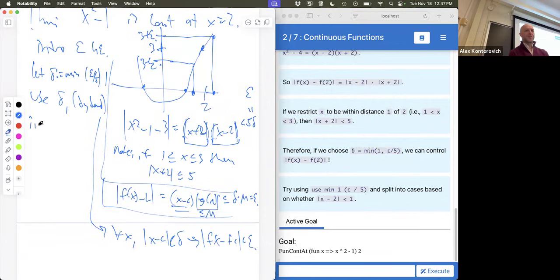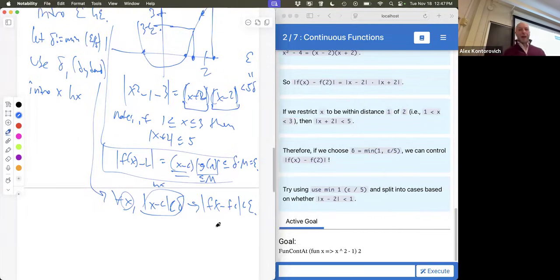So what do we want to intro? x and just hx. There is no x not equal to c. That's the difference between continuity and limit. Okay, so we intro x, we get this. We intro hx, we get that. This is hx. And now we have to prove this. Okay, in our case, f of x is x squared minus 1.